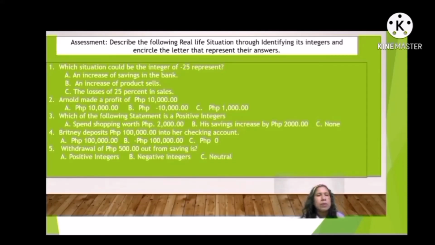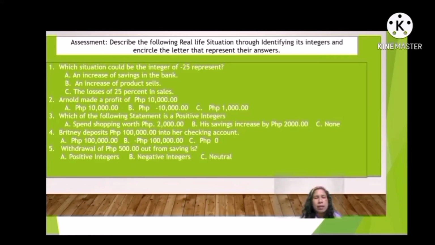Number 2, Arnold makes a profit of 10,000. A. 10,000 pesos. B. Negative 10,000. C. 1,000 pesos.